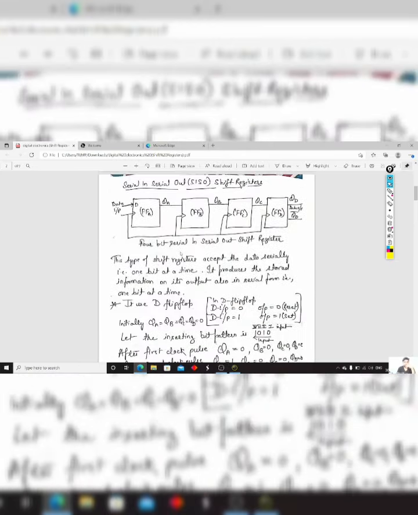Now, moving to the serial in serial out, SISO shift register. Before starting the classification details, I would like to create a bit more interest in this topic by giving a few examples.